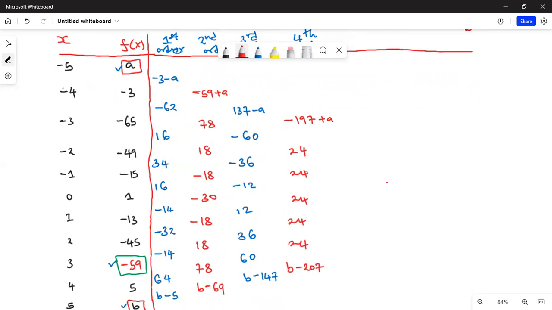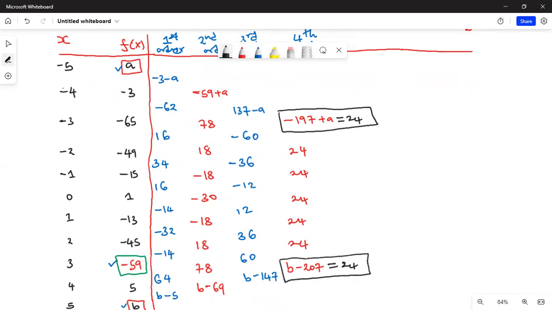So you see in the fourth order column, everything should be equal to 24. So the value here should be equal to 24. And even the value here should be equal to 24. So when you solve these equations, this one will give you the value of A. This other one will give you the value of B. So from here, what do we get as our A?